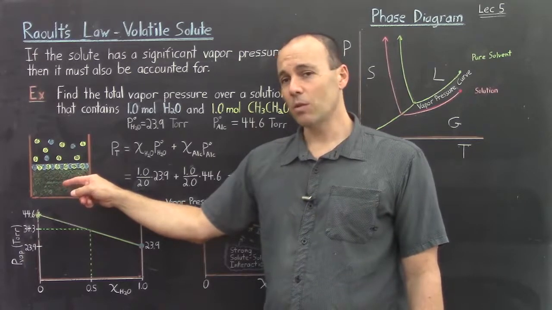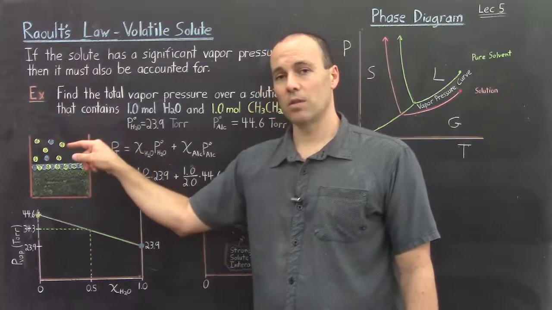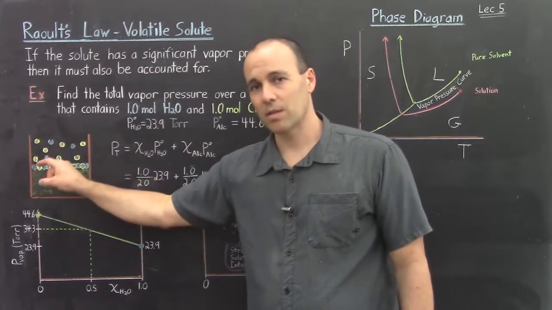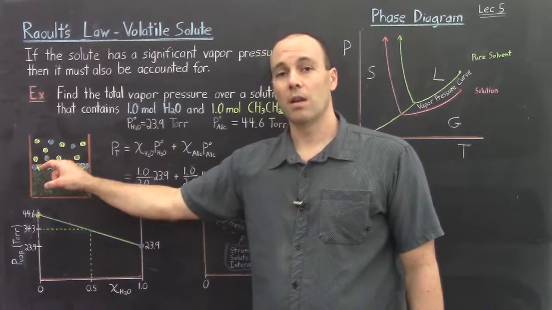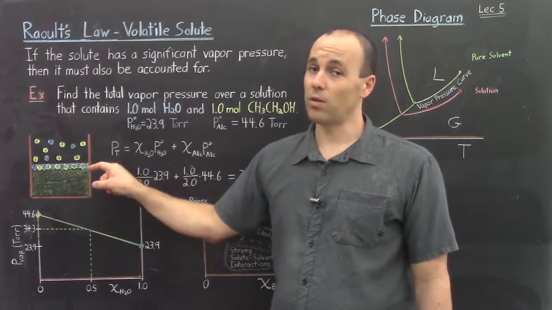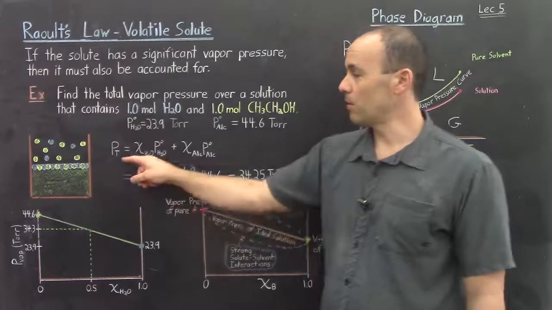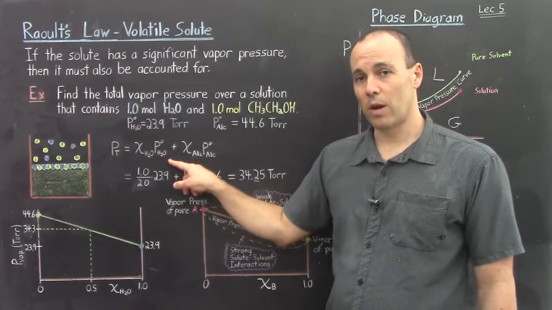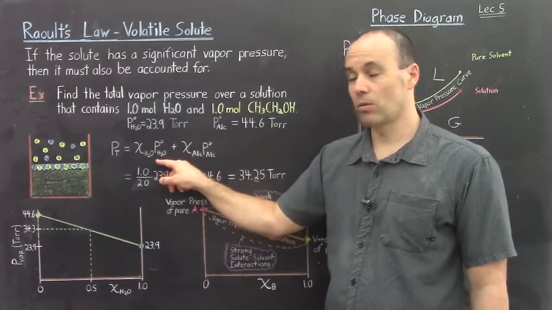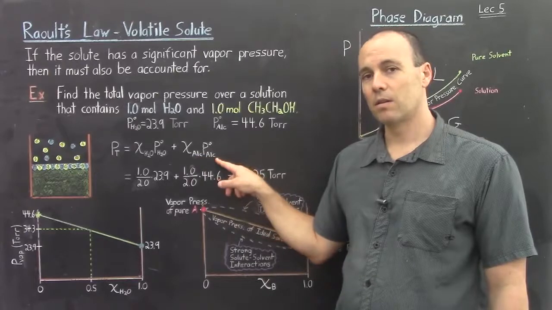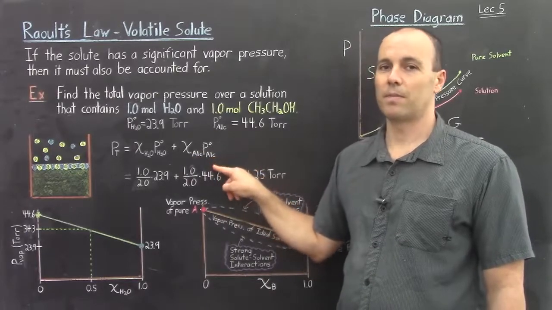Now, to find the total vapor pressure above the solution, we need to add the vapor pressure of water, which will be less than what it normally is, along with the vapor pressure of alcohol, which will be less than what it normally is. So the total vapor pressure will be the pressure due to water, applying Raoult's law for water, plus the vapor pressure of the alcohol, Raoult's law for alcohol.